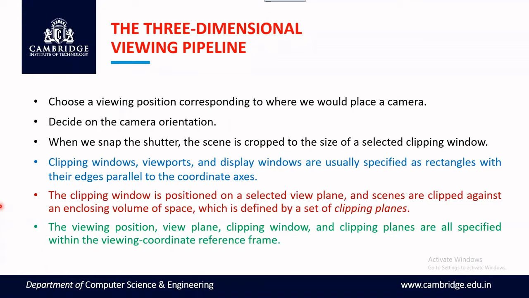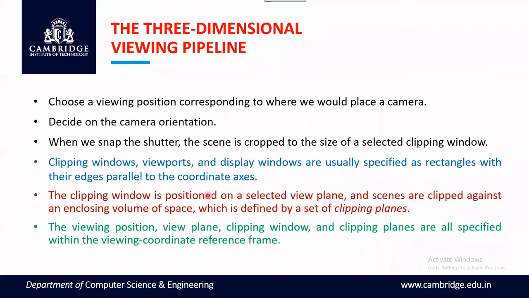In addition to this, your 3D viewing pipeline is similar to your 2D viewing pipeline. Your clipping window, viewports, and display windows are all specified as rectangles with their edges parallel to the coordinate axes. The clipping window is positioned on a selected view plane.